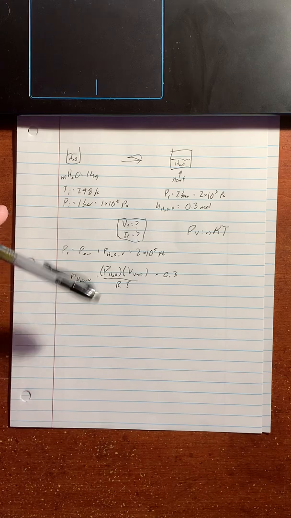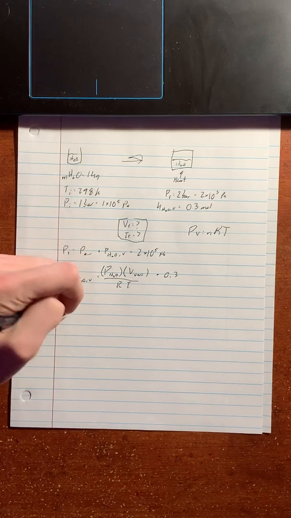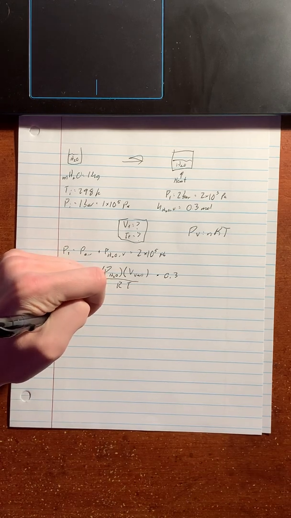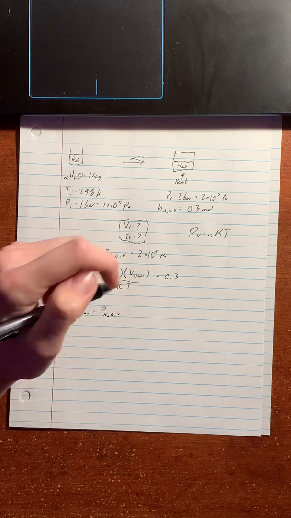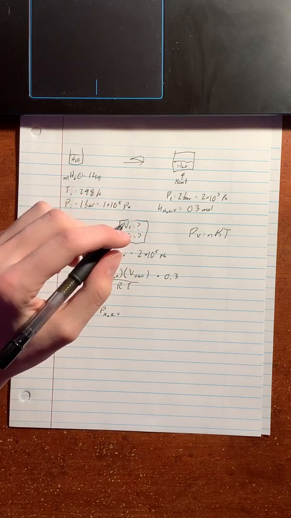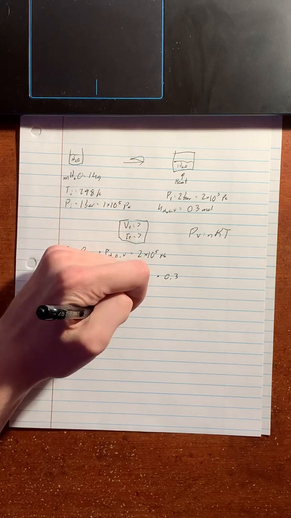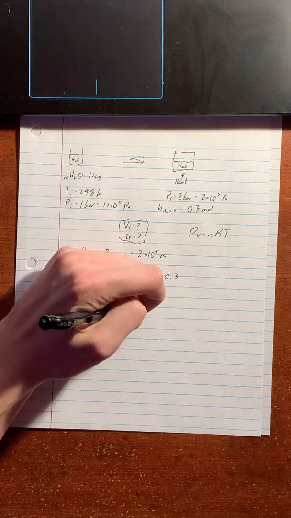We're going to go back to our first equation that we wrote right here, which is final pressure is equal to the pressure of air in the system plus the vapor pressure of water. That's equal to 2 times 10 to the 5.